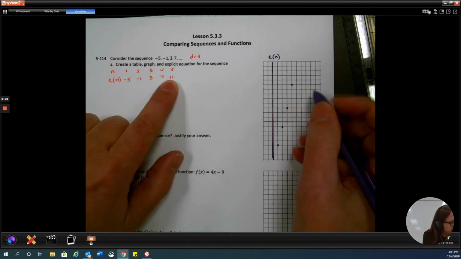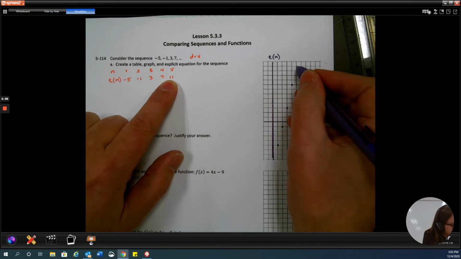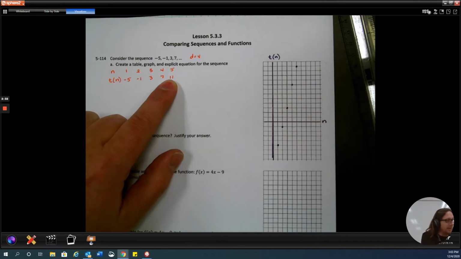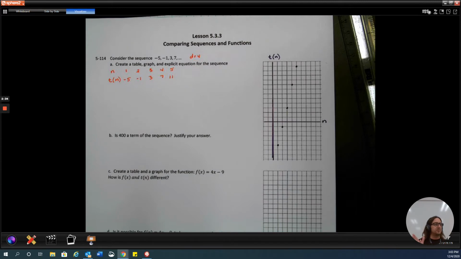And then our next term after that would be 11. All right, so there's our sequence. We're not going to make it continuous. We're going to keep it discrete just like that, because we know that our term numbers can only be positive integers. Okay, so we've got our table, we've got our graph.